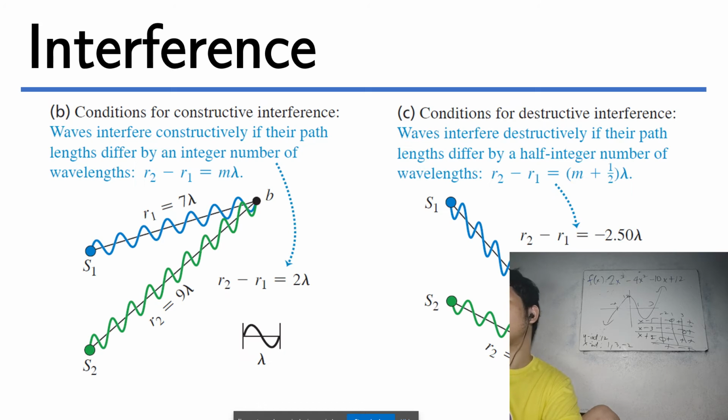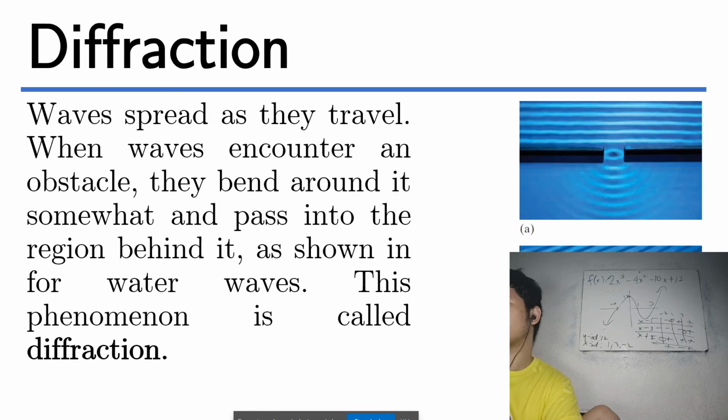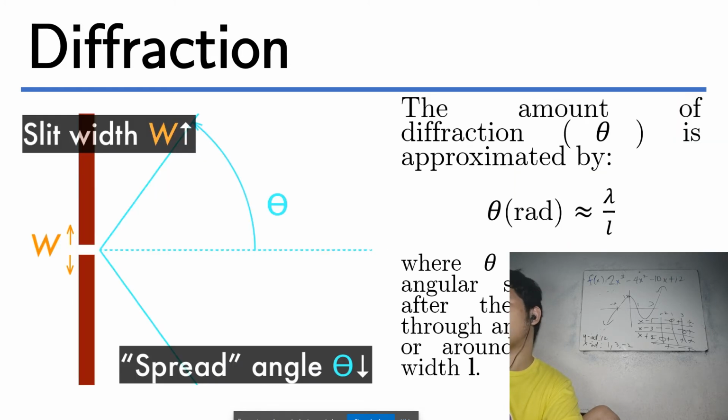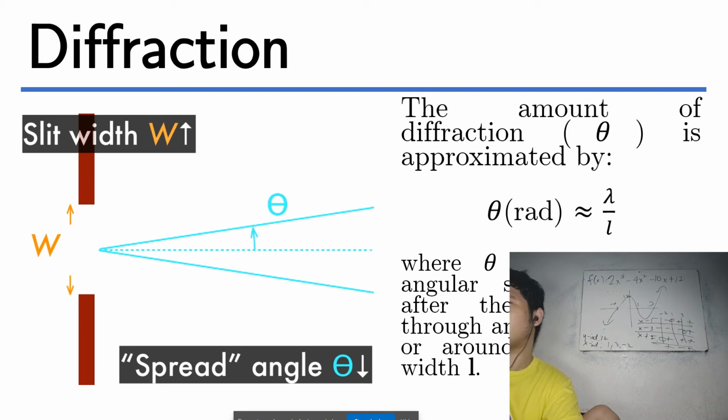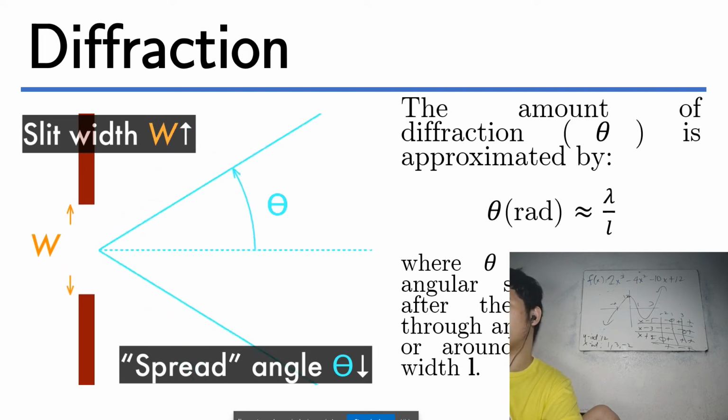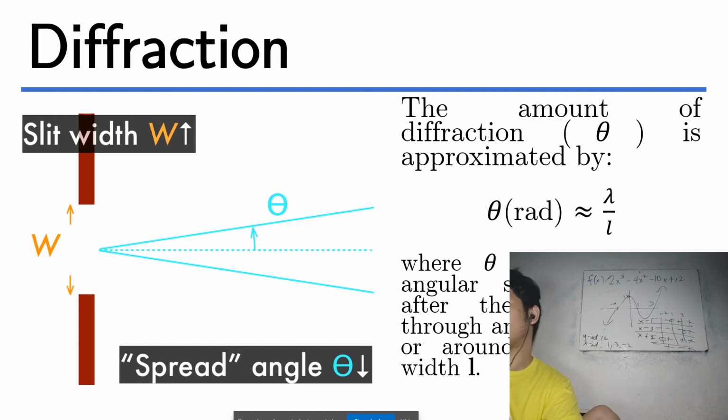And yan, just illustration. And for diffraction naman, pag naka-encounter sila ng obstacle, magdi-diffract sila, as shown in the figure. The amount of diffraction is approximated by theta equals lambda over L, where theta is roughly the spread, no?